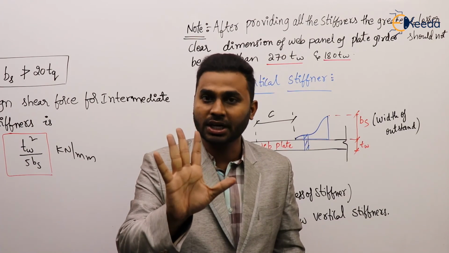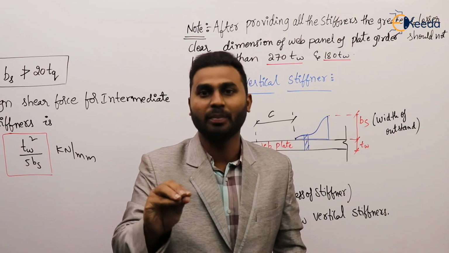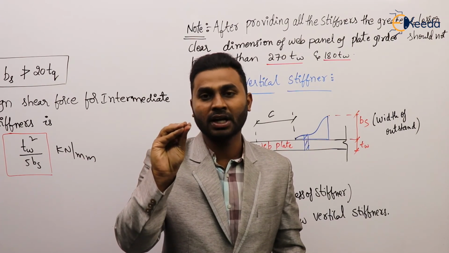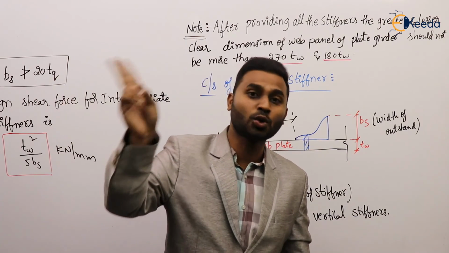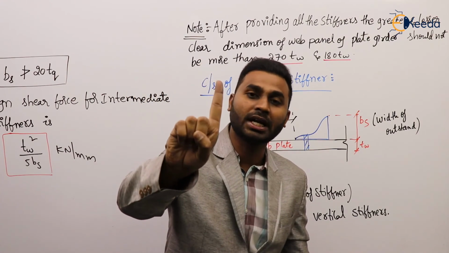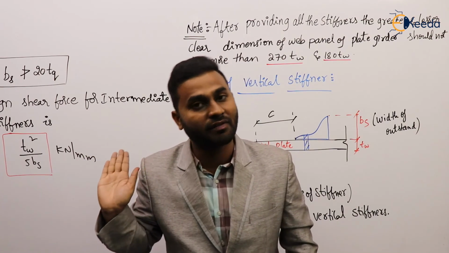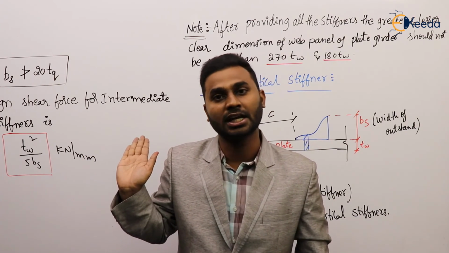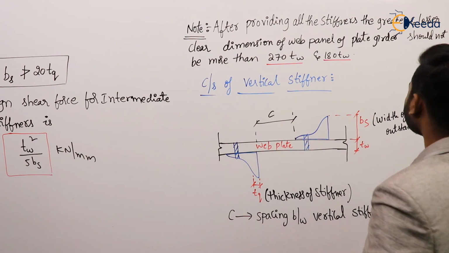So now what are those conditions? Let us see. That condition is mainly based on the thickness of the web. The condition for providing the transverse stiffener is based on the minimum thickness of the web based on two criteria. One is serviceability criteria and another is compression flange buckling criteria. So now let us see the values for it given by IS 800:2007.